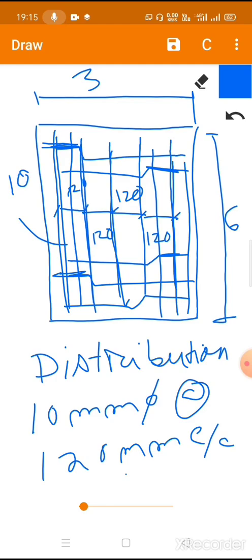So if we cut this in half and look at the slab from this direction, what is the section going to look like? Let us try to draw the section.